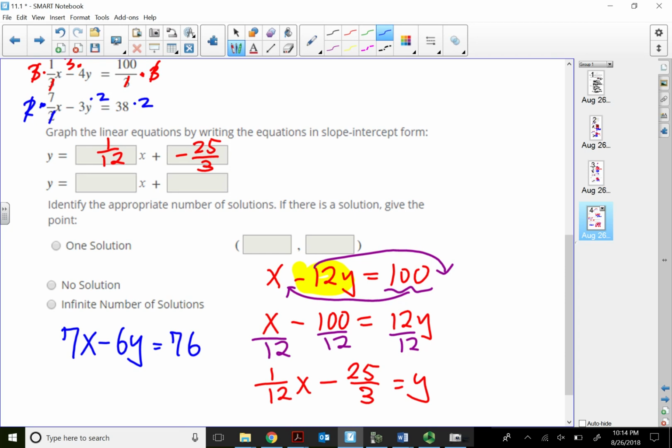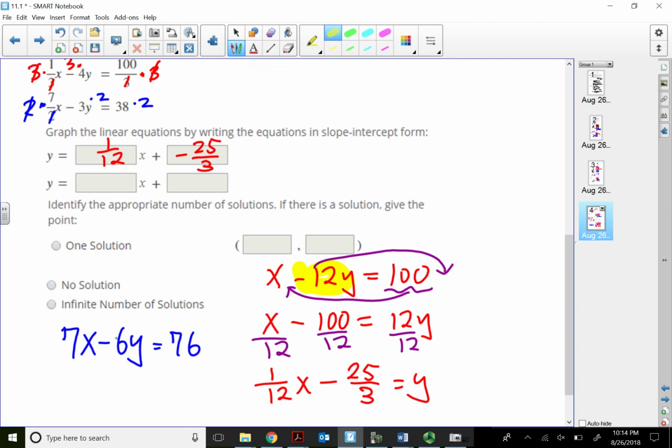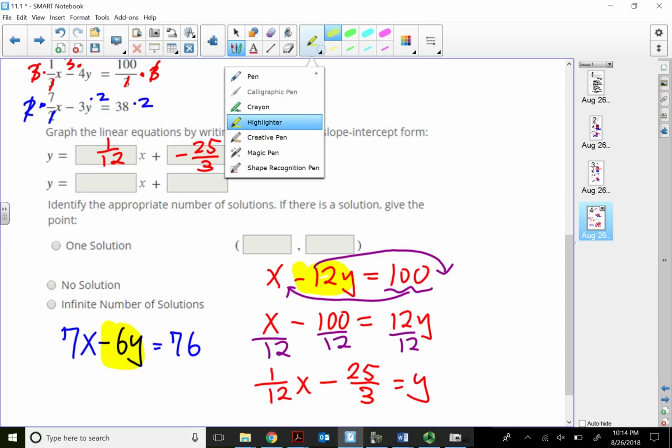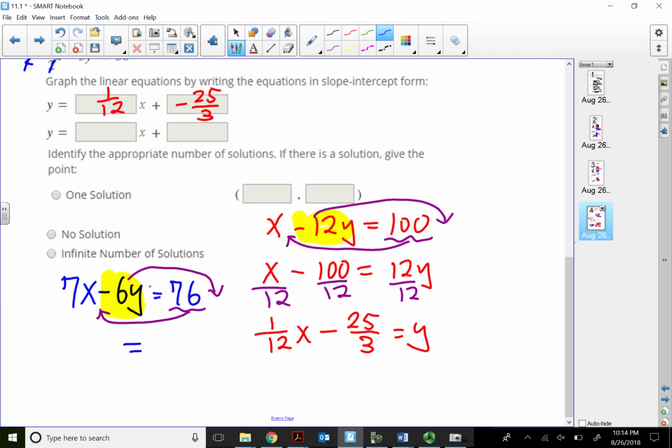To get my variable term by itself, since my variable term is negative, what I can do is move it over to the other side. That means 76 comes over to the left side. So now negative 6y comes over and becomes positive 6y. 7x is still 7x. 76 comes over and becomes negative.